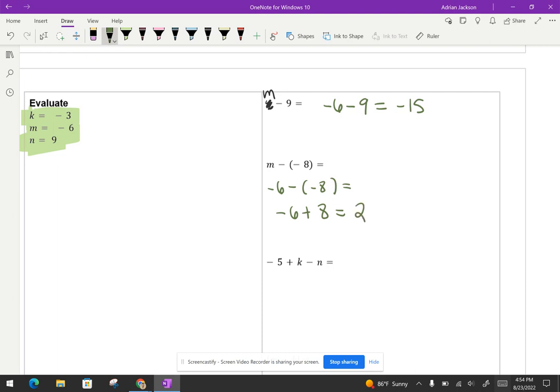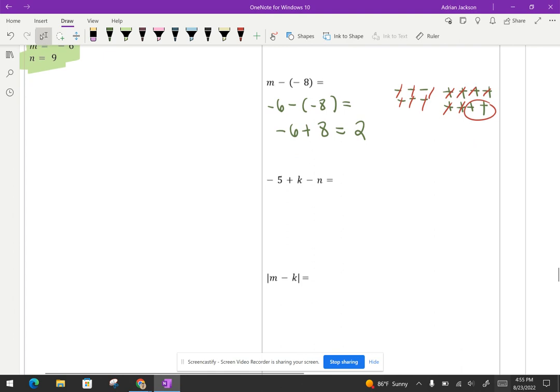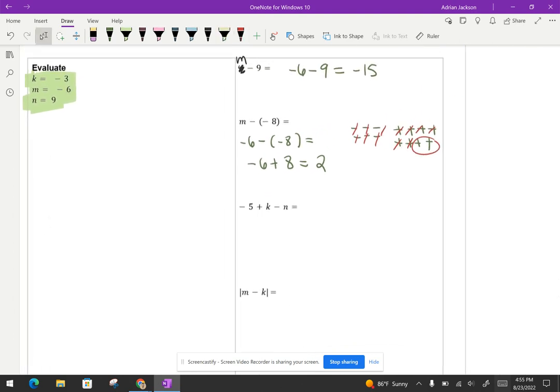And if you need to, over to the side, write out your counters, or the charts, to be able to cancel them out to see what your answer is. So we're left with 2 pluses. Again, that matches with my answer. All right, the next one I have negative 5 plus K minus N. So negative 5 and then plus K, and K is negative 3.